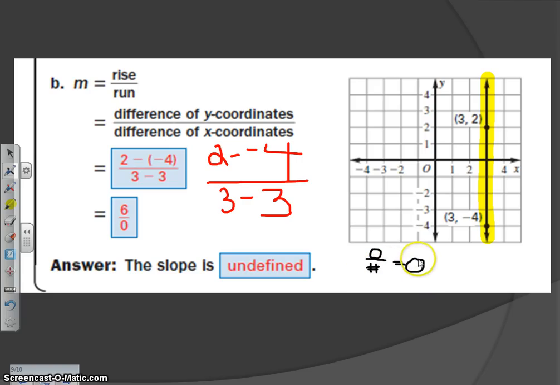So if 0's in the numerator, it's a 0 slope. If it's a number in the numerator and 0 is in the denominator, then you have undefined. I'm just going to abbreviate it. Undefined. You will see this on your vocab test, so make sure that you write that down.